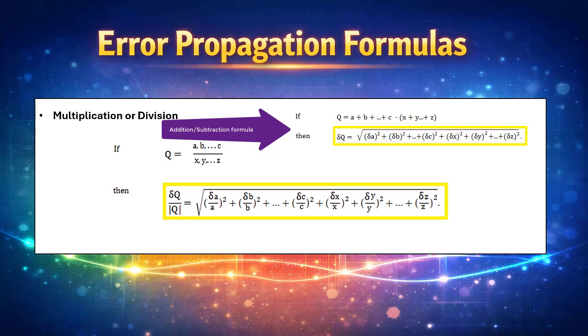The subtle difference is that addition cares about raw error size. It doesn't scale with value magnitude. While multiplication cares about percent error, it scales with size, so bigger values amplify relative errors more.